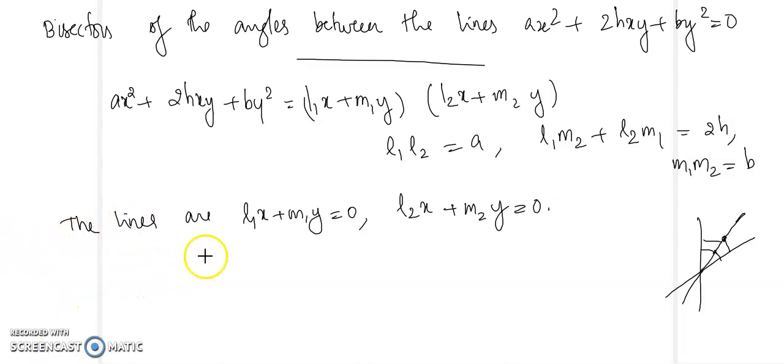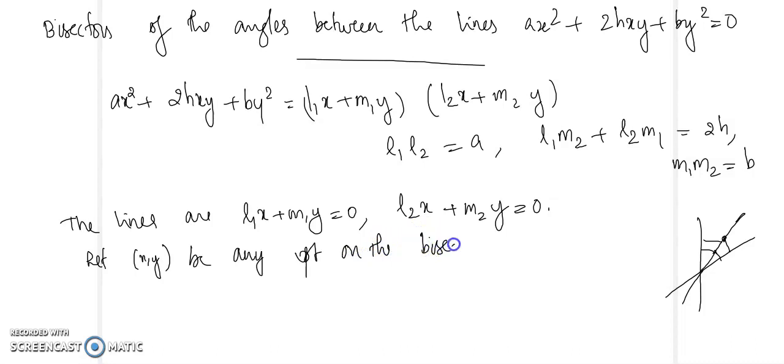So let xy be any point on the bisector, then it is equidistant from the two lines.